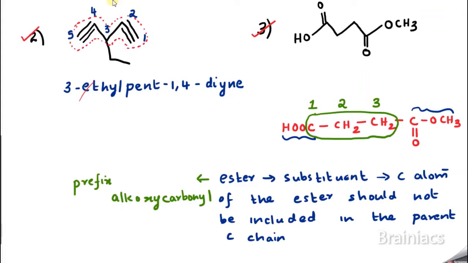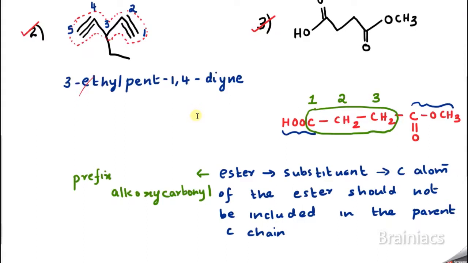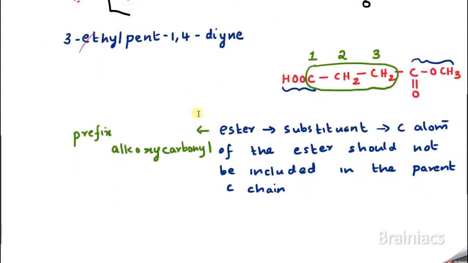So what should be the name of this compound? First comes the prefix, that is coming at position 3. So I can write 3-methoxycarbonyl, correct? Methoxycarbonyl.